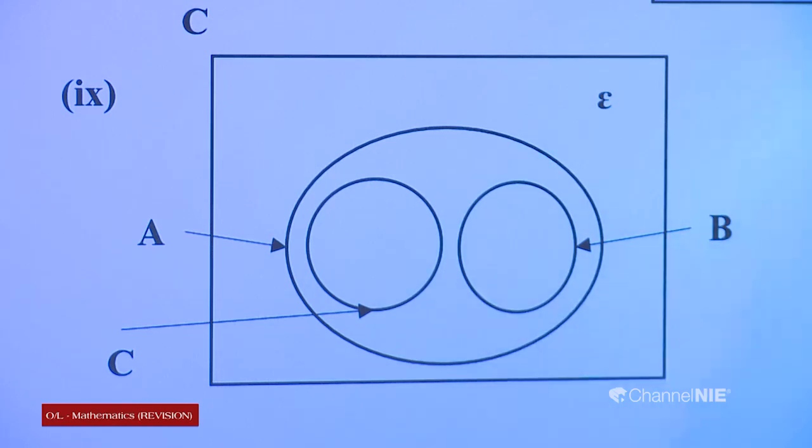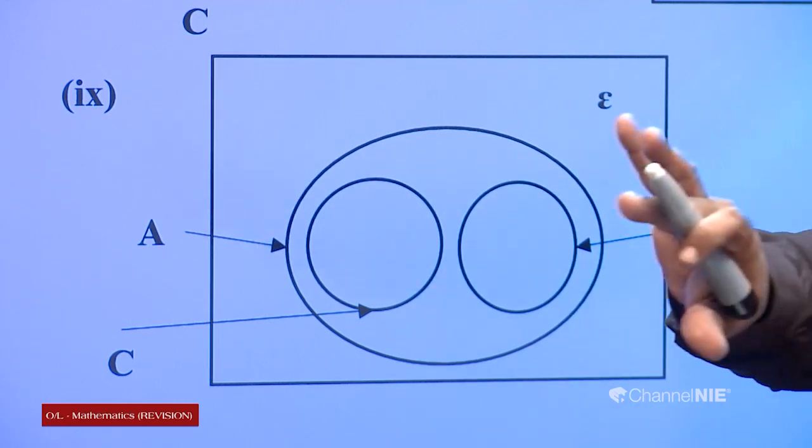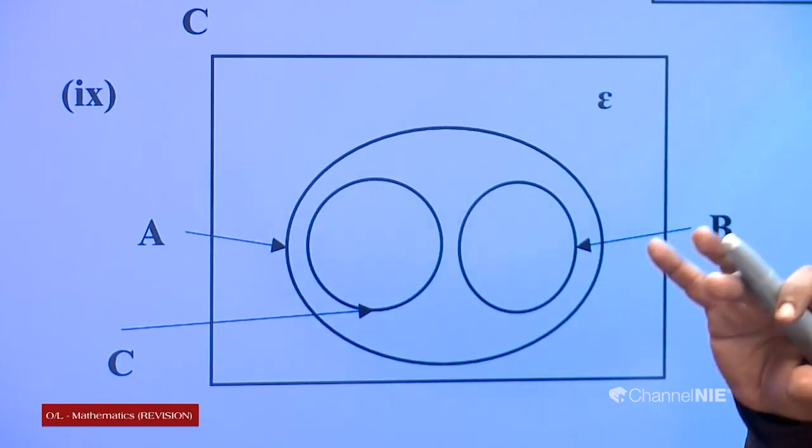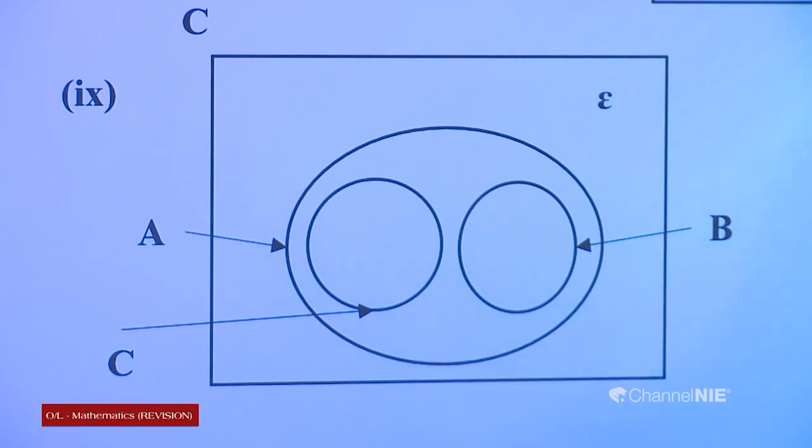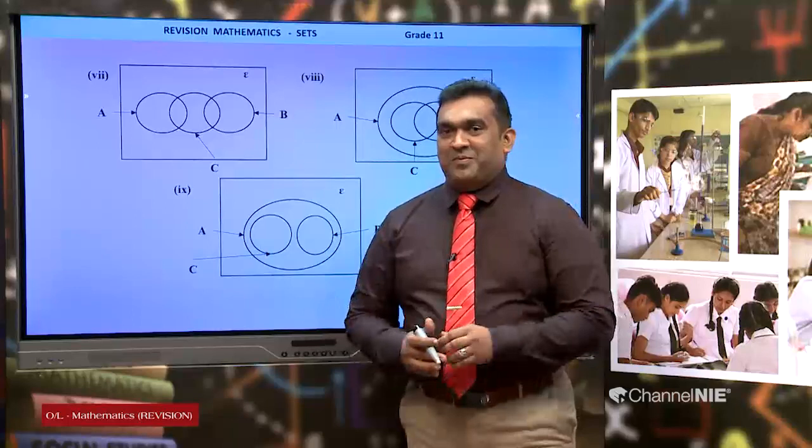You can consider set B as students in the grade 6 class and C as students in the grade 7 class. Totally different, no common region. Then what is A? Students of the school.